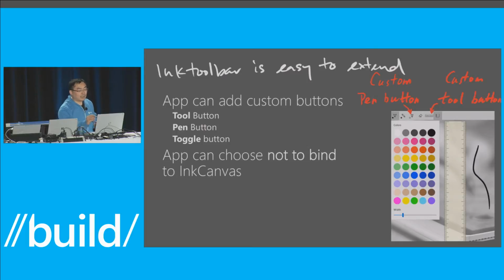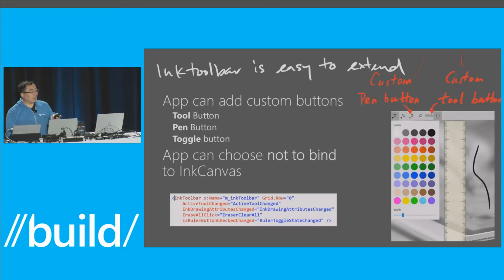One is a custom pen button, and another is a custom tool button, which I'll show you later. Application can also choose not to bind ink toolbar to ink canvas, and instead add handlers for various tool joining attributes change event and talk to ink canvas and ink presenter directly.